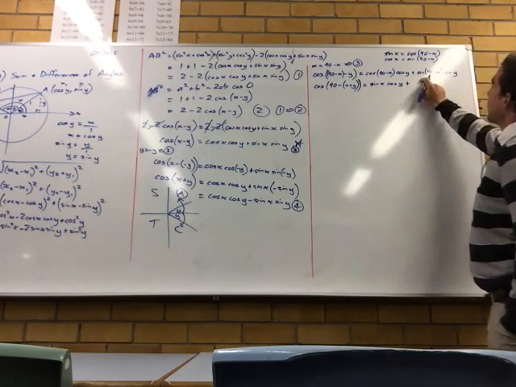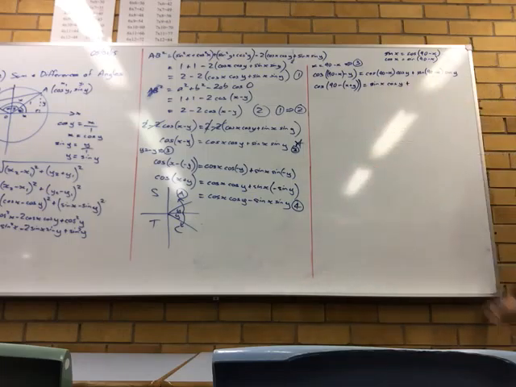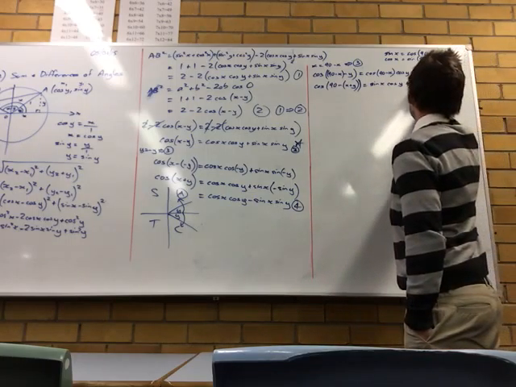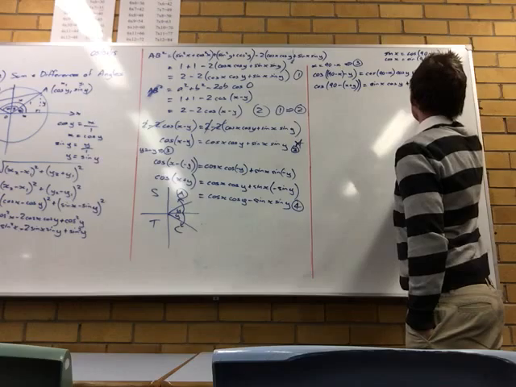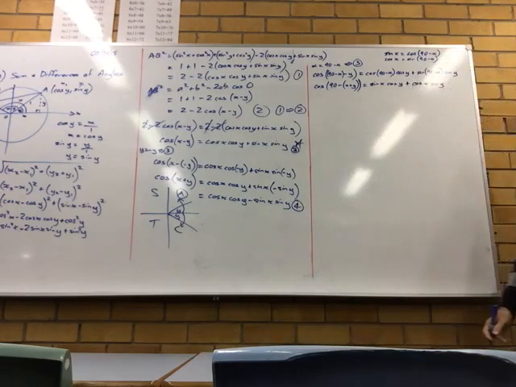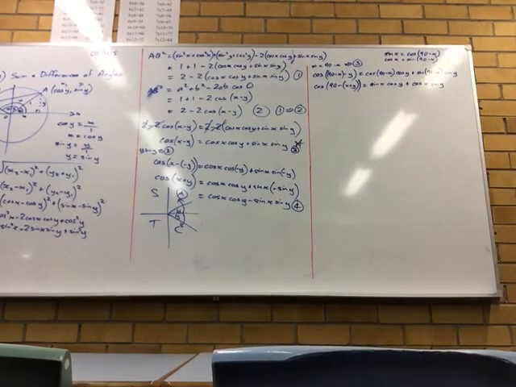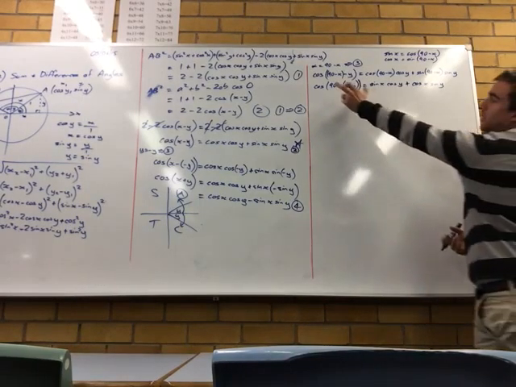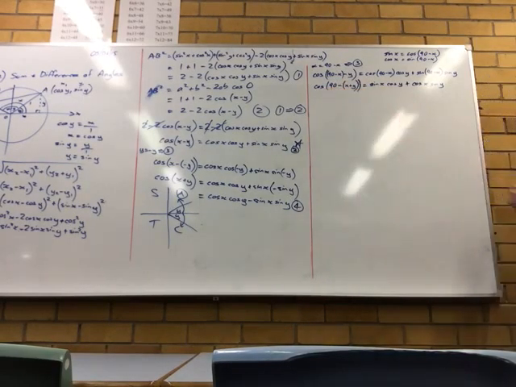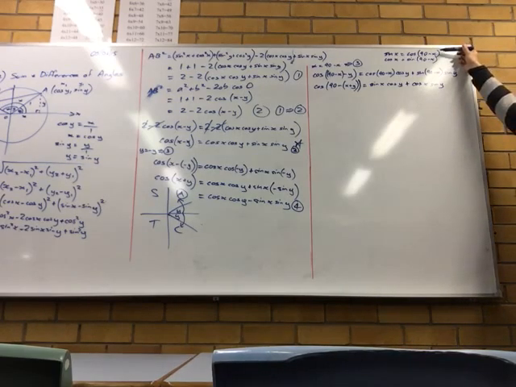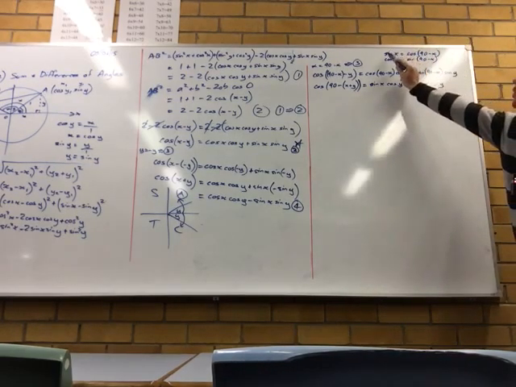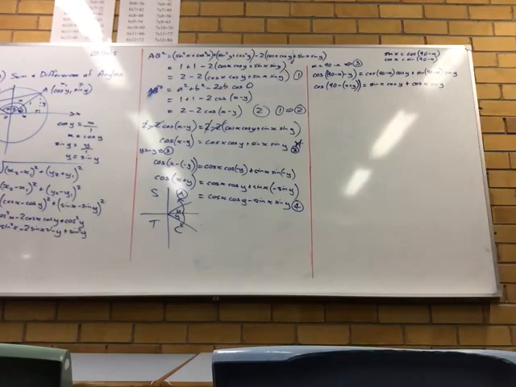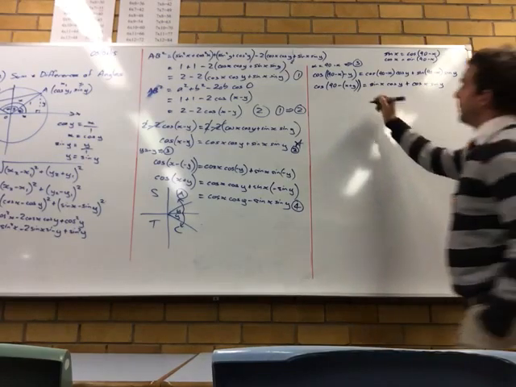And sine of 90 take away x, the complementary result, is cos of x. And at the front, I've got 90 take away in bracket x plus y, the same expression as this, which would then become the sine of x plus y.